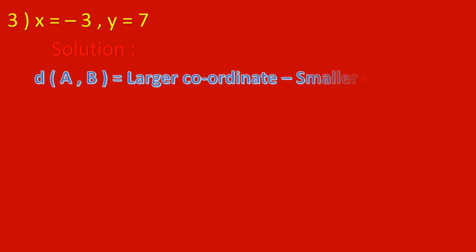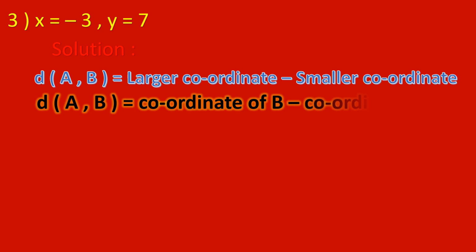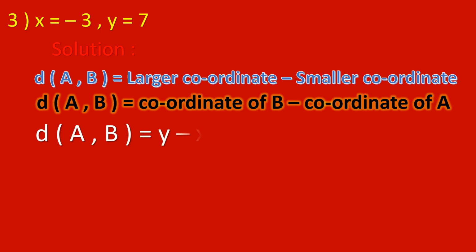Third question is x equal to minus 3, y equal to 7. Y is greater. That means coordinate of B is greater and coordinate of A is smaller. Therefore, formula will be distance of AB is equal to coordinate of B minus coordinate of A. In place of coordinate of B, it is y and coordinate of A is x.